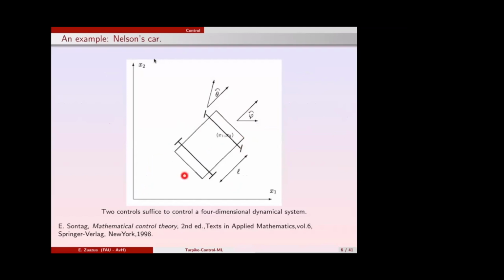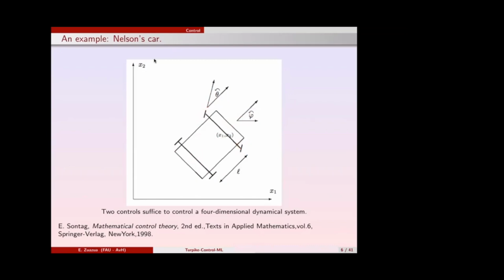And this is why we have shown, for instance, a four-dimensional car: there are two dimensions for the center of gravity, one dimension for the orientation of the main axis, and the fourth dimension for the orientation of the angle of the wheels with respect to the main axis. This is a four-dimensional system that you can control just by accelerating, so a force oriented in the direction of the main axis, and the rotation of the wheel.